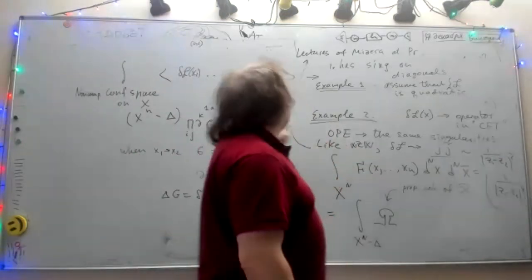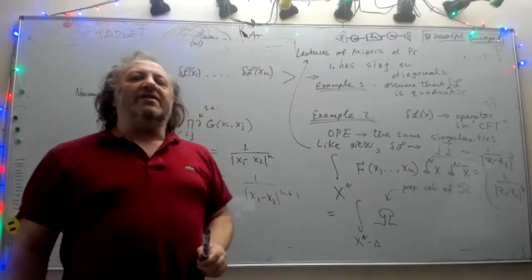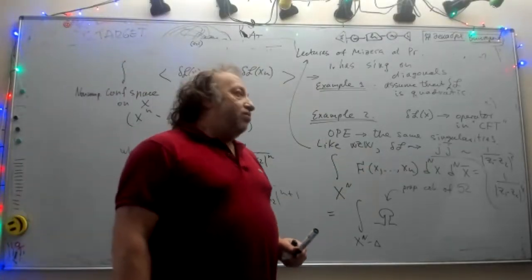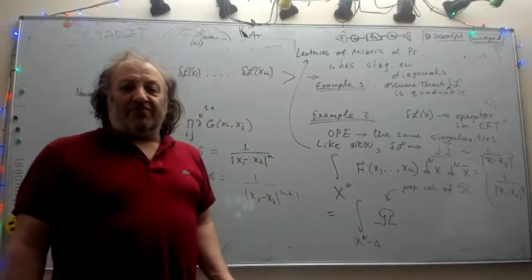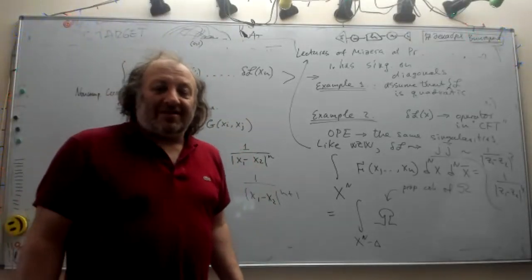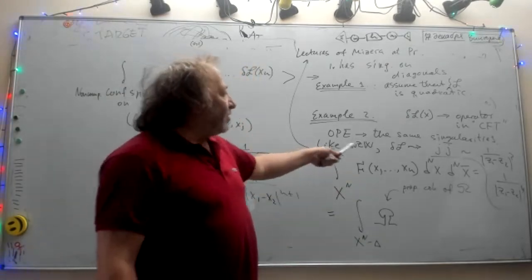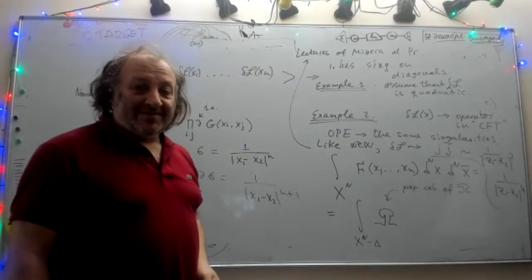I put WZW here because the idea is that you are not treating WZW in terms of free fields. Come on, what kind of free fields? It's a Lie group. However, you have currents, and you can write almost everything in terms of currents.